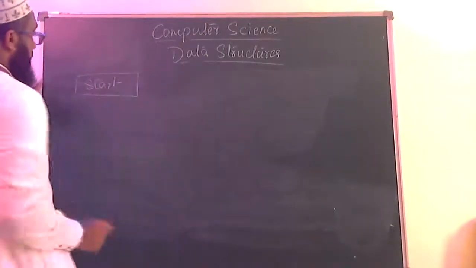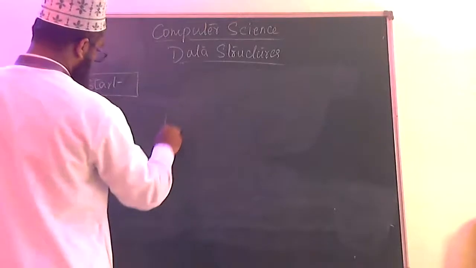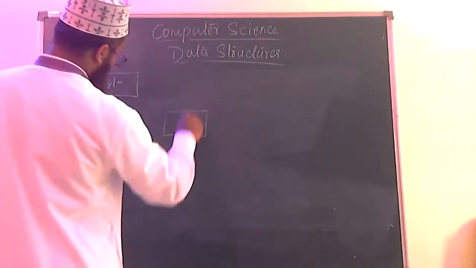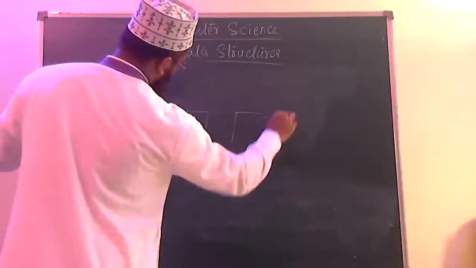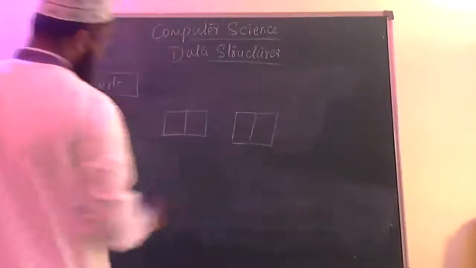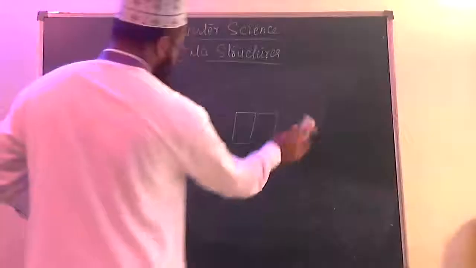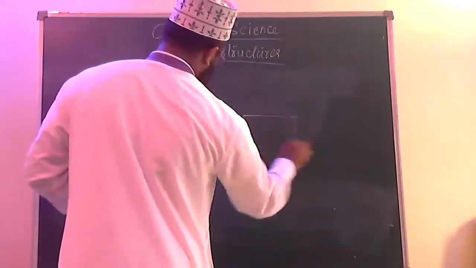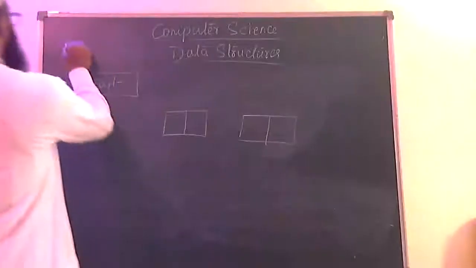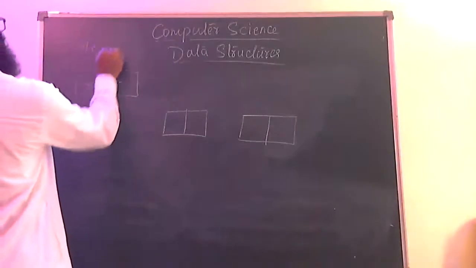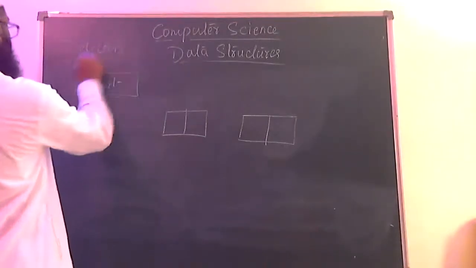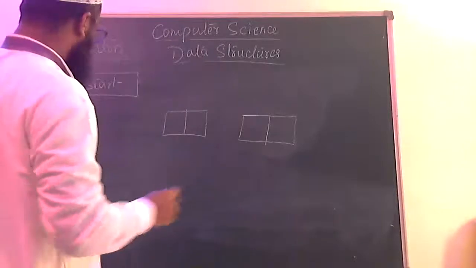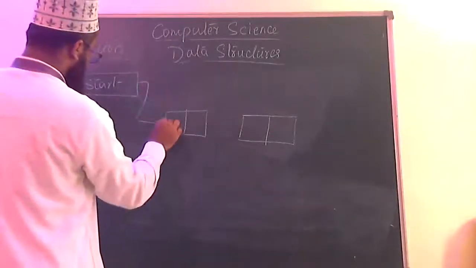Start. Then node 1, node 2. Take two nodes. This is regarding deletion. This is start.